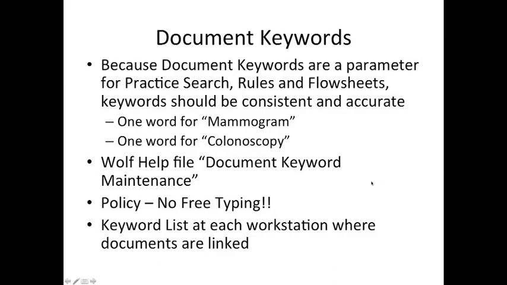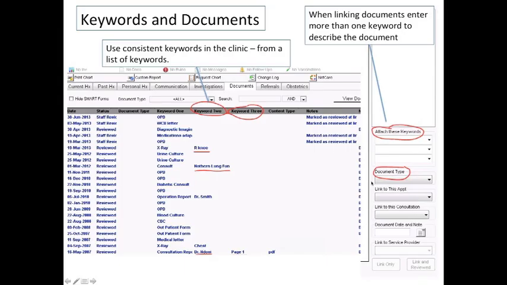All right, let's move on from document keywords. I just wanted to show you something in document keywords. Here's a real screen of some document keywords. Something that can facilitate this change at the clinic level is that you can use 3 keywords in your EMR.